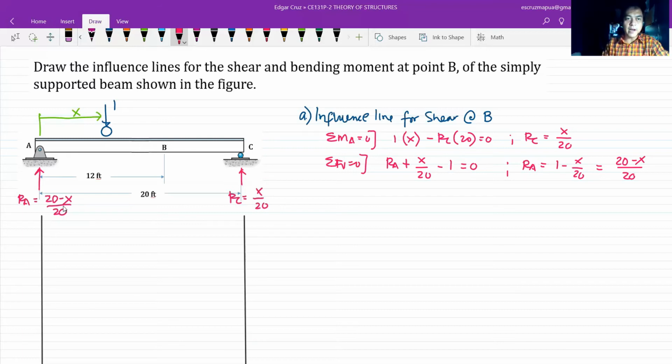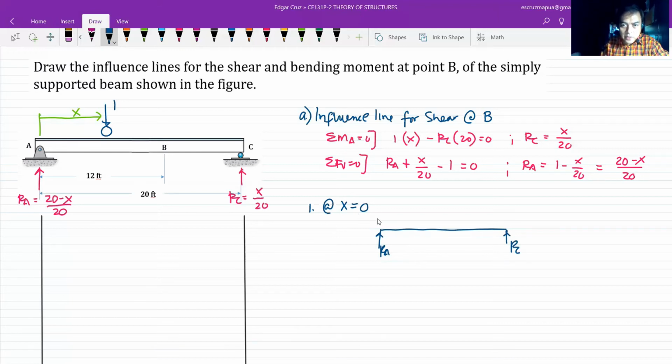After solving the reactions RA and RC in terms of the unit load and the variable distance x, we're now ready to analyze the shear at point B. Let's start with x equals 0. This would be the simple beam, this would be RA, and this would be RC.